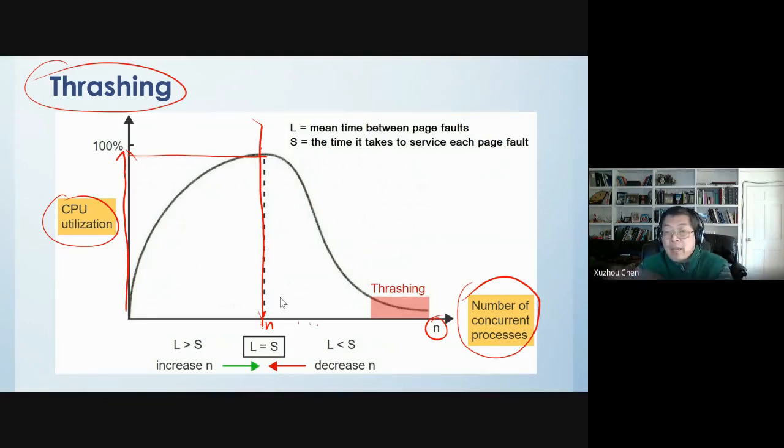It's just replacing pages. So this diagram is called thrashing. You load more and more programs, and eventually the whole system is not doing anything but page replacement. The CPU spends almost the majority of its time doing page replacement and does not do any meaningful job. So that's called thrashing. So there's a limit.